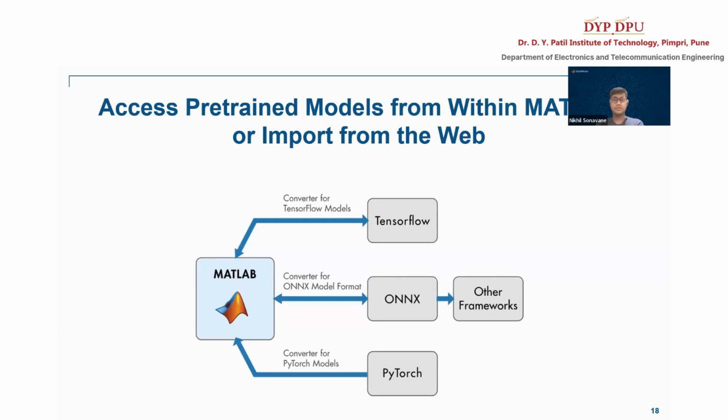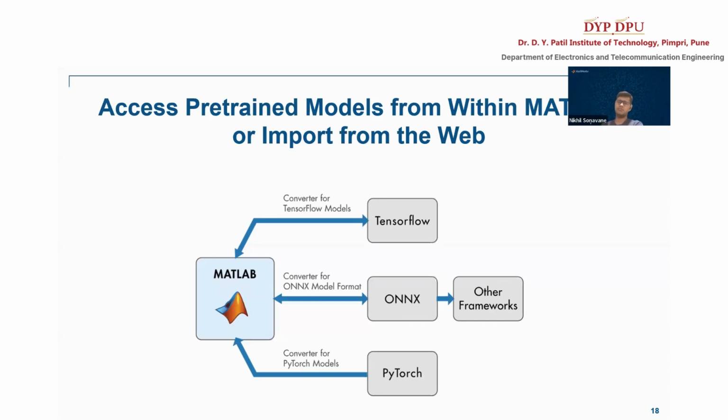So as I was saying, there might be scenarios where we need to take our models from one platform to another, for that matter to a platform like TensorFlow or PyTorch or any other platforms also. MATLAB is one platform where these things can be done very easily.